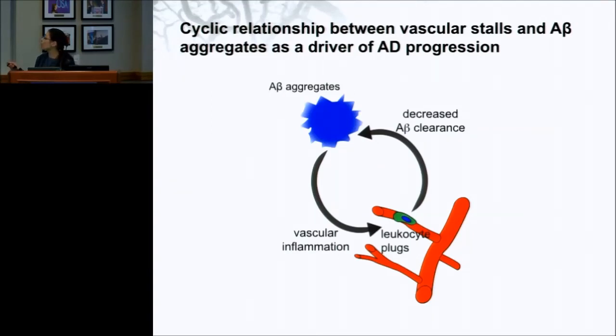But what we've shown is that once you have this A beta aggregation, you also get a cyclical relationship where you get more of these blood vessels that are plugged and a decrease in blood flow. And what this suggests is that there's a cycle that could get triggered by any event that might start some vascular inflammation, like all of these vascular risk factors like diabetes and hypertension.